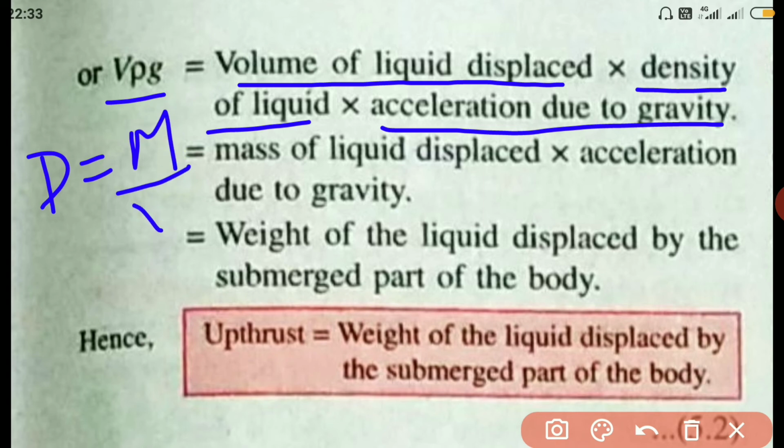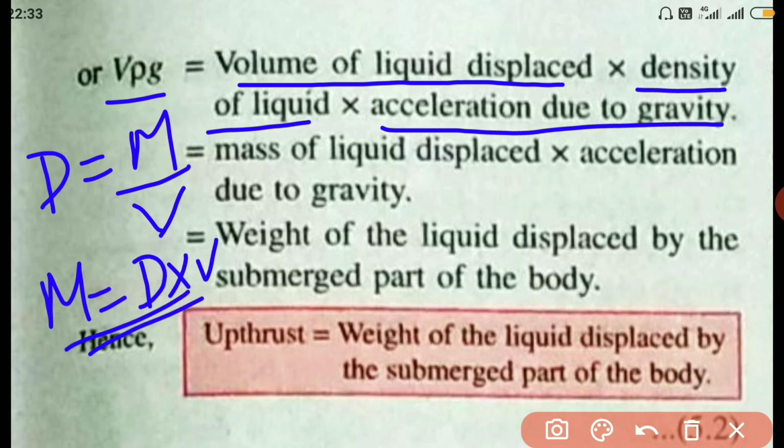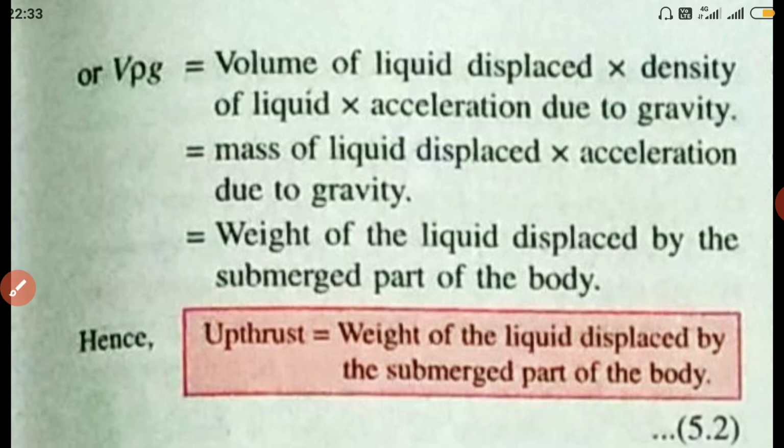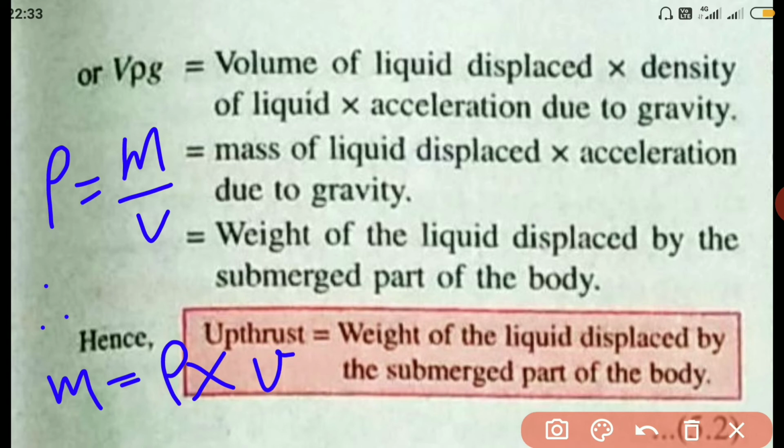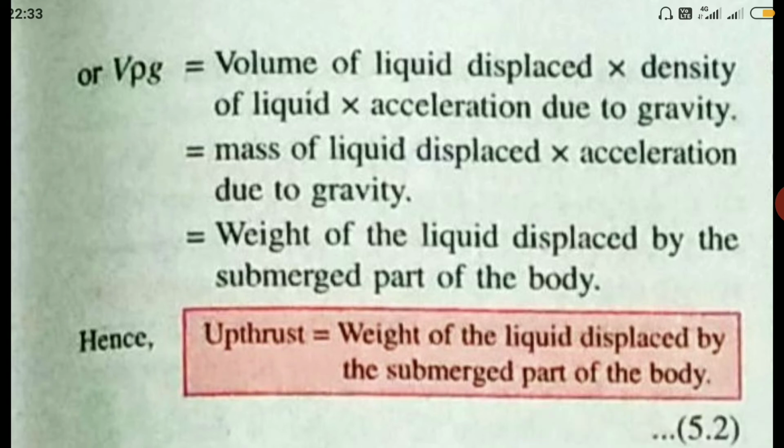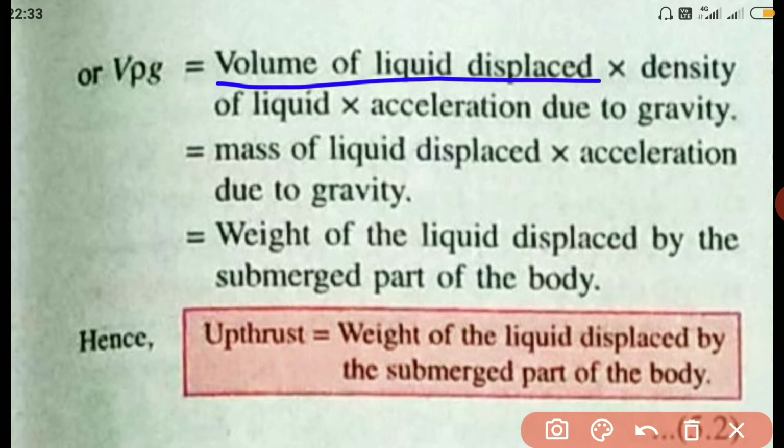I'm using D here, but if I want to standardize it, then I can say density equals mass by volume. Therefore mass should be equal to density multiplied by volume. So now here you can see volume multiplied by density should be equal to mass.